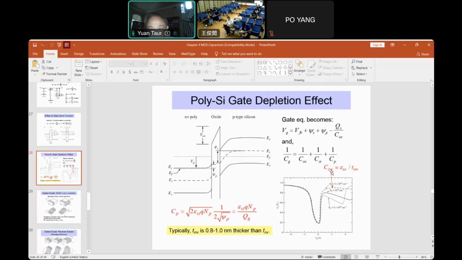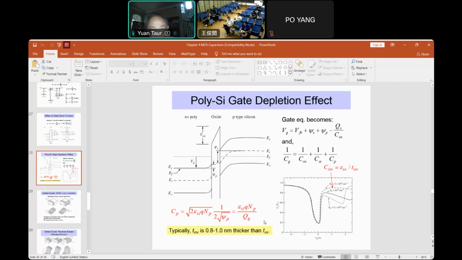So we frequently define this based on this capacitance. We go to C inversion, and you can define a T inversion, the effective thickness as far as the inversion charge calculation is concerned. Typically, T inversion can be as much as 1 nanometer thicker than T-ox.